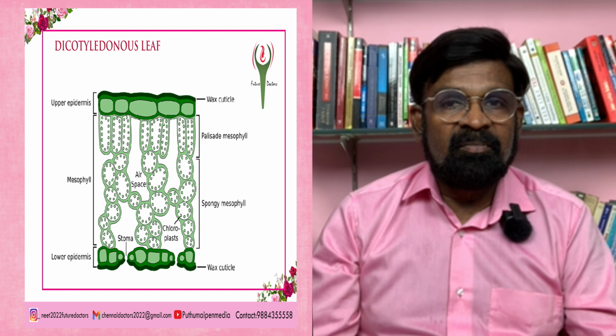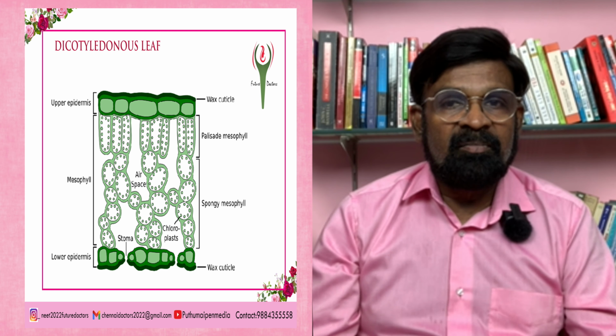The vascular bundles can be seen in the veins and the midrib. The size of the vascular bundle varies according to the size of the veins. The veins vary in thickness in reticulate venation.